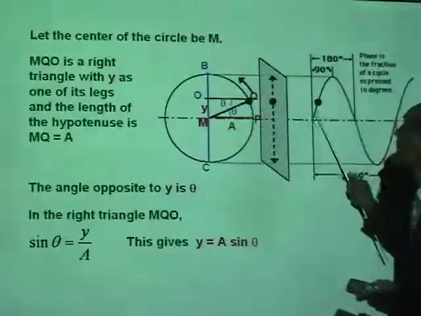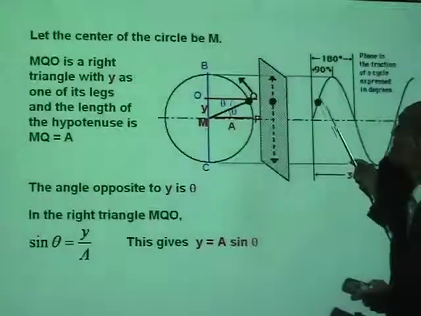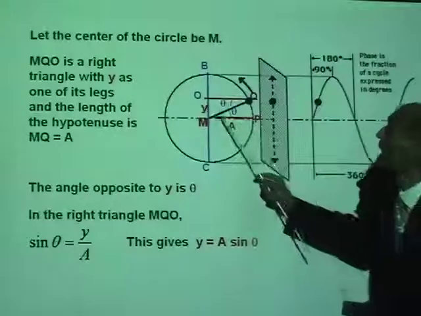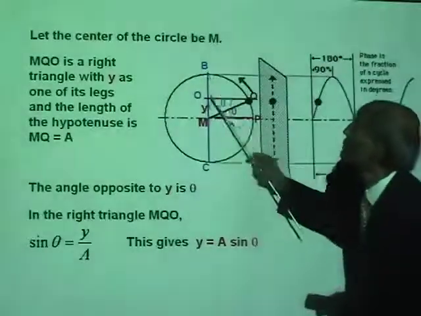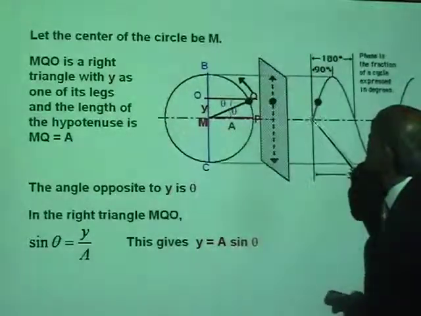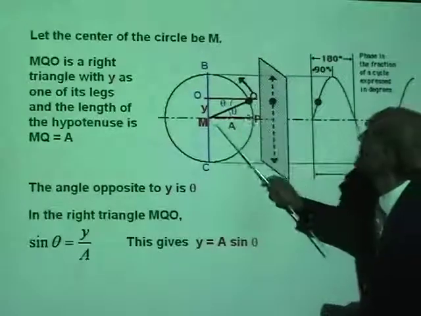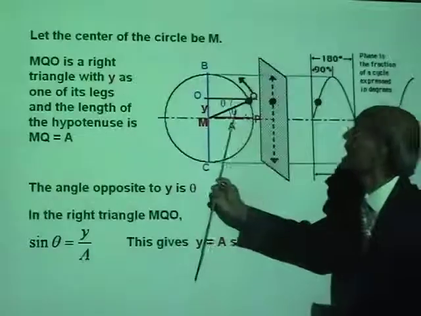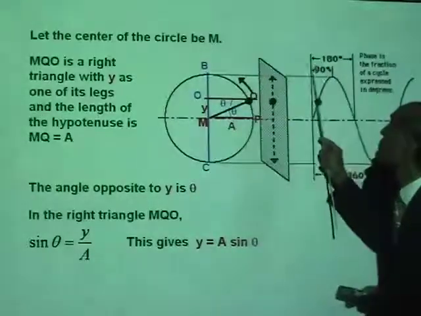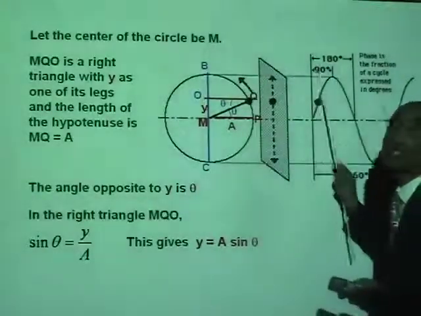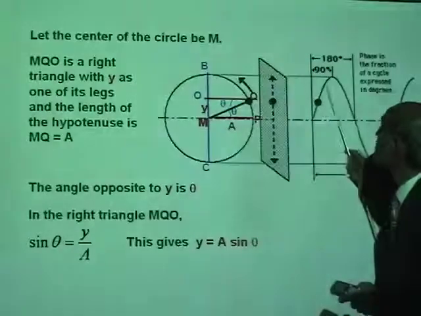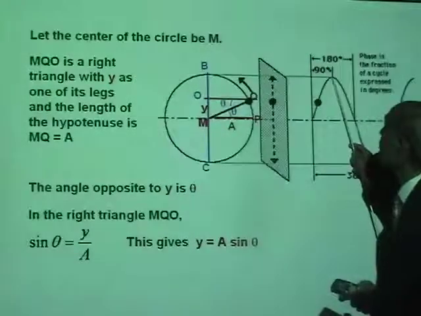If you notice here, I have actually traced out the path that will be taken by the projection. The displacement increases to a maximum. When does the maximum occur? When the angle is pi by 2. Pi by 2 is 90 degrees. When the angle is 90 degrees, the displacement is maximum.